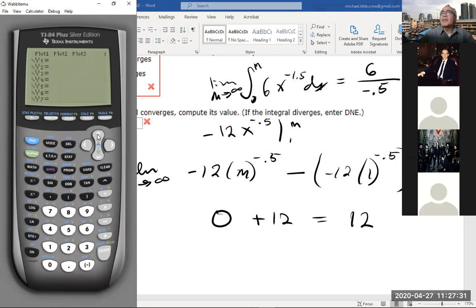I'm just going to see what happens when I graph 6x to the negative 1.5 power. Even though it probably doesn't cross the x-axis, since the value is 12, let's just graph it and see what we see.